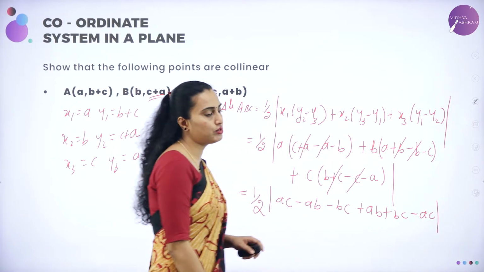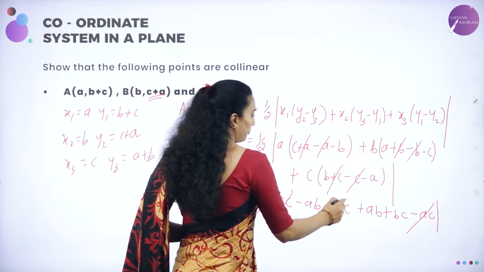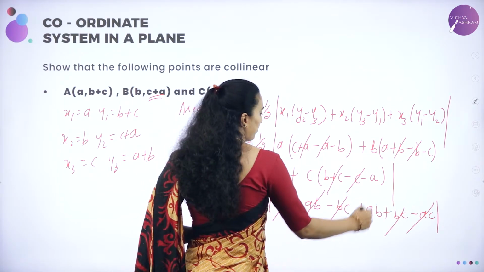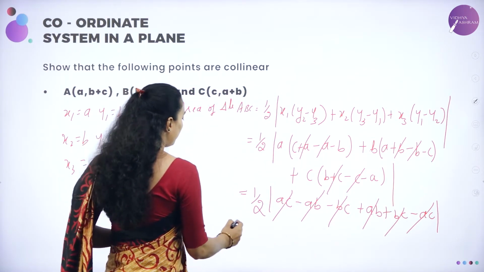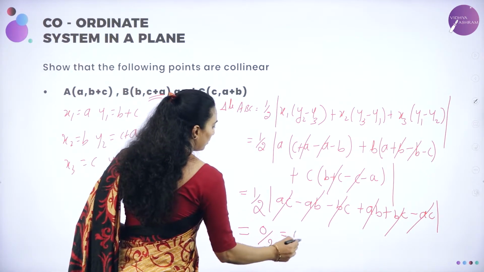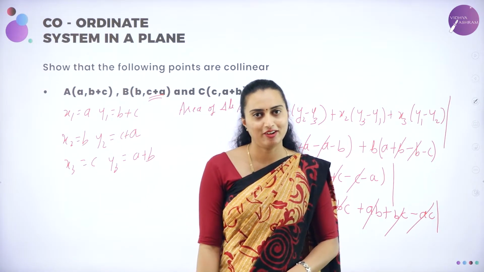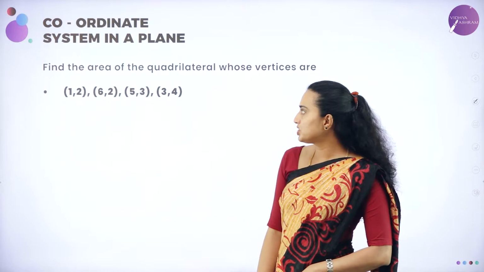C into A or A into C. You can observe AC, and then BC, and then minus AB plus AB will get cancelled. You are going to remain with 0. So the answer will be 0 by 2, which will be equal to 0. Therefore, the points are said to be collinear. Right? We'll move on to the next question.